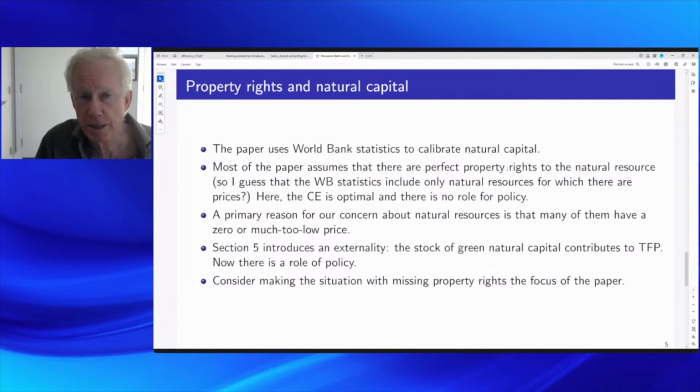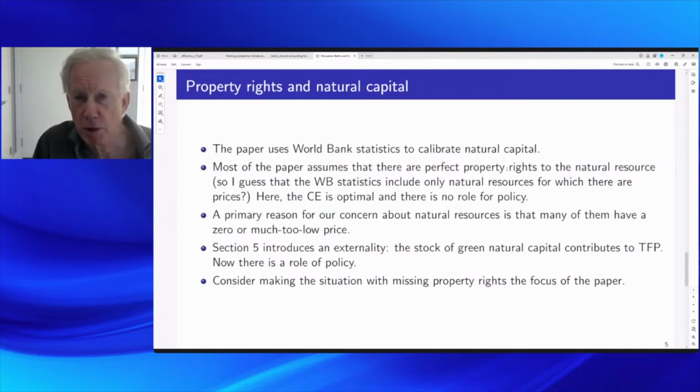The paper begins by using World Bank statistics to calibrate natural capital, and I wondered whether these statistics involve resources for which there are actual prices. I think that that's the case, but again, I'm not sure.